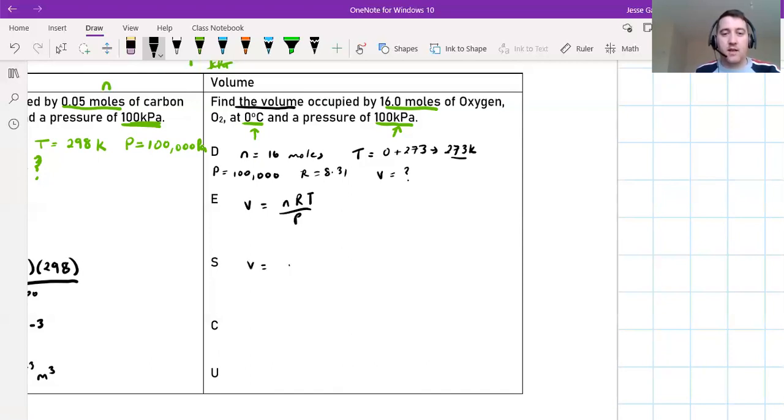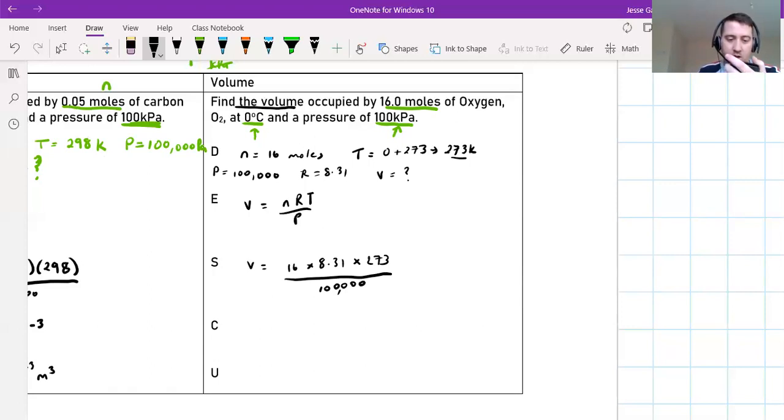V equals 16 times 8.31 times 273 Kelvin, all over 100,000. Probably going to get a very similar answer to the last time. 16 times 8.31 times 273, divide that by 100,000.